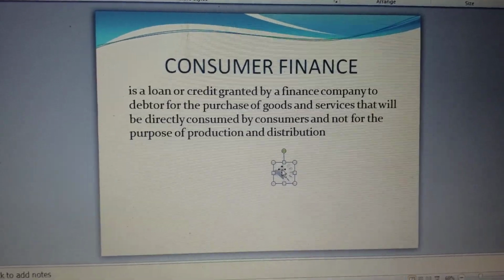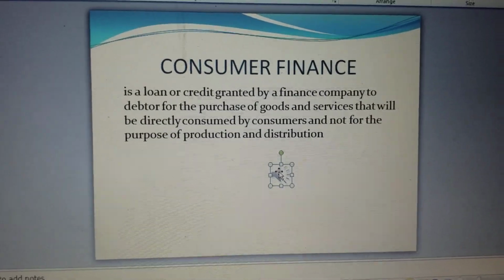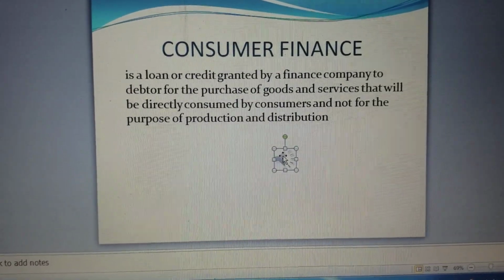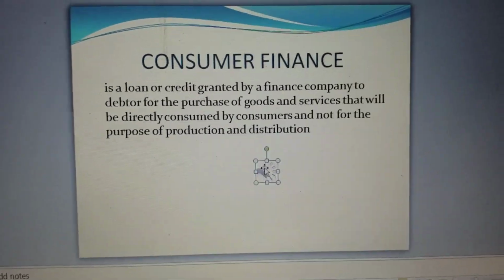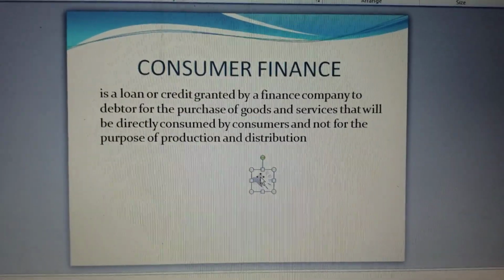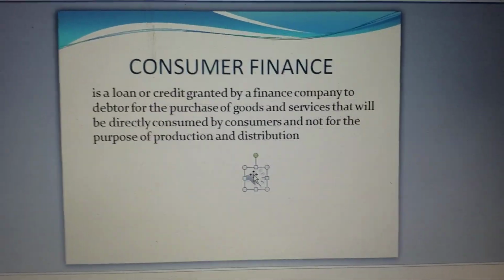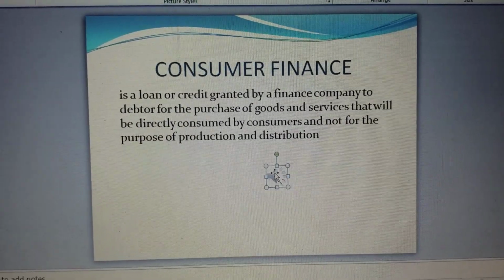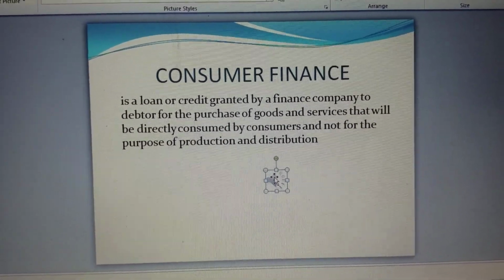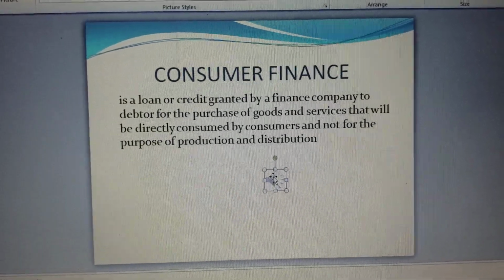So consumer finance here is a loan or credit granted by a finance company, which acts as the financing company, to the debtor. The debtor here is the customer, for the purchase of goods and services. That is the keyword: for the purchase of goods and services.